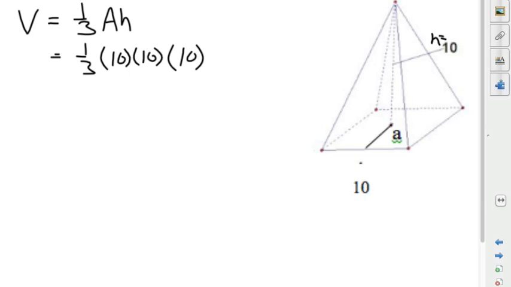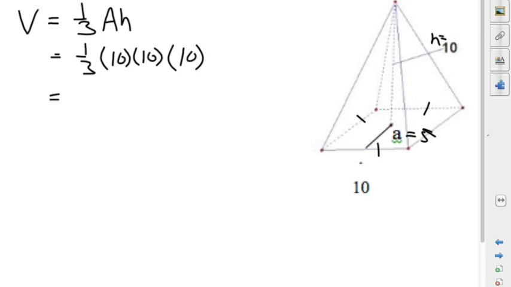So what would the 10 at the bottom be? This 10 is for these side lengths here. Because the side length is 10, because it's a square, we talked about it already, the apothem is just half the side length, which is just 5.